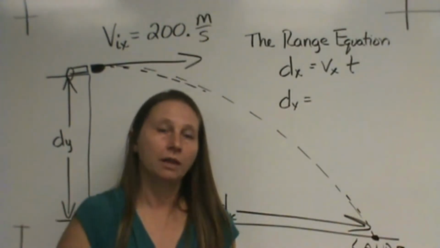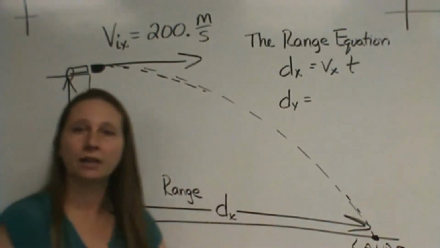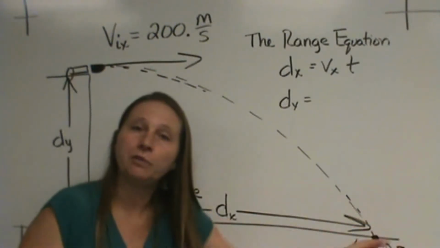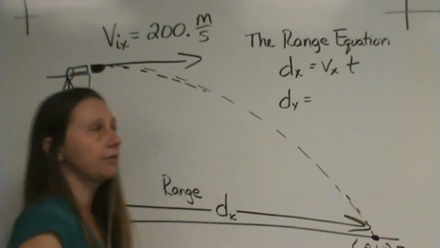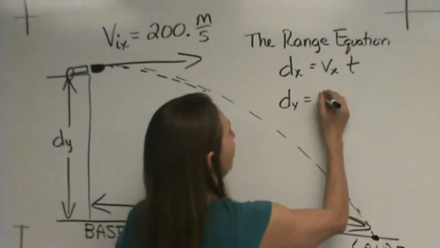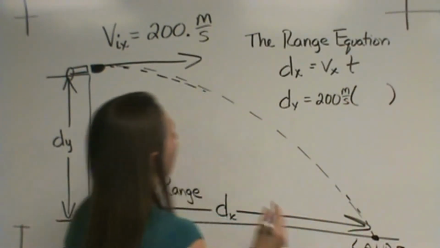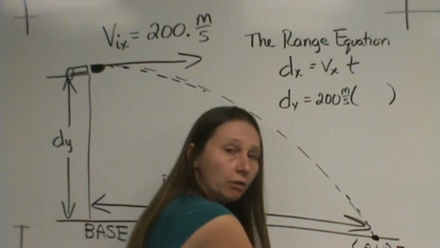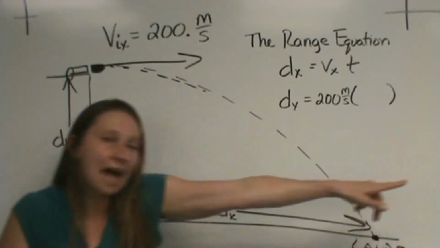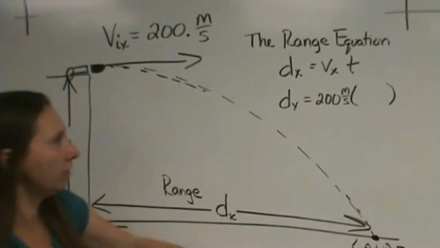So it's 200 meters per second times the amount of time it takes to hit the ground, because it stops going that way when it hits the ground. So the time to hit the ground, which we know to be 3 seconds, it was given, gives us a range, dx, of 600 meters, all right, for this bullet.